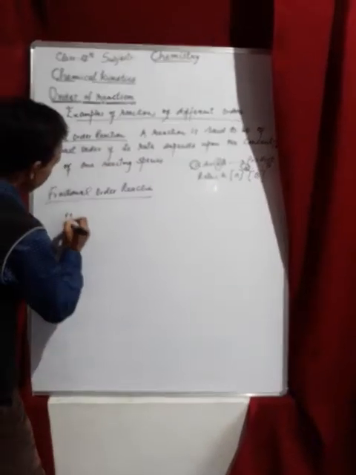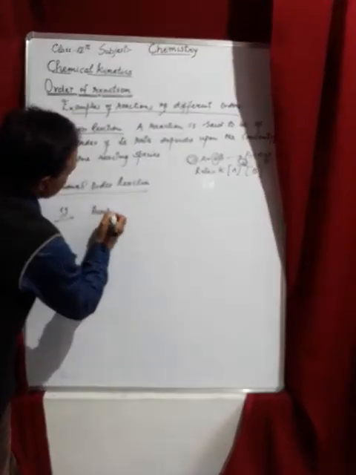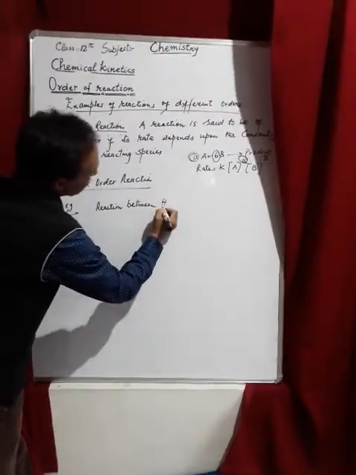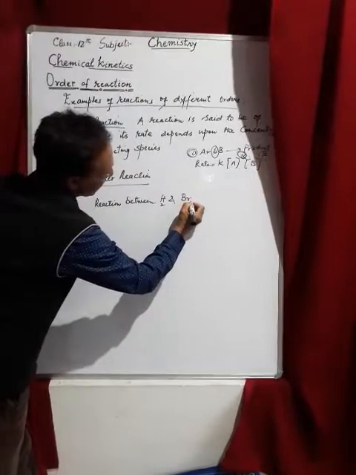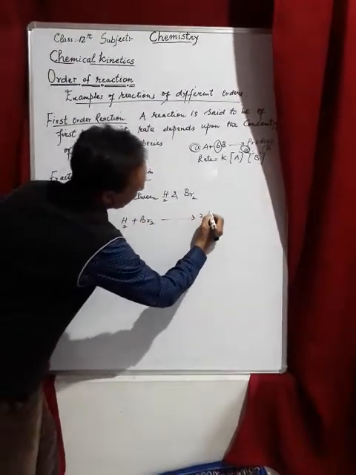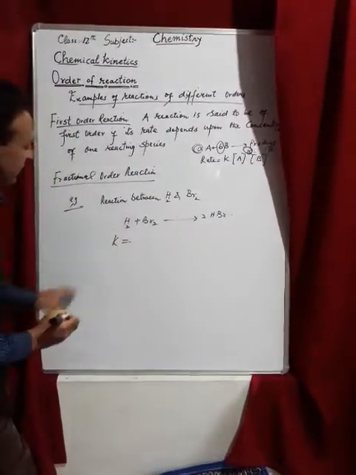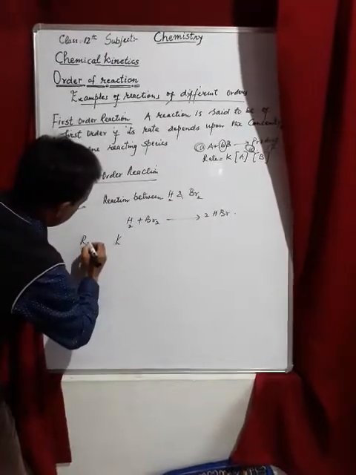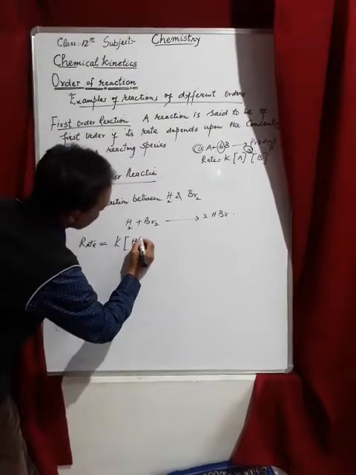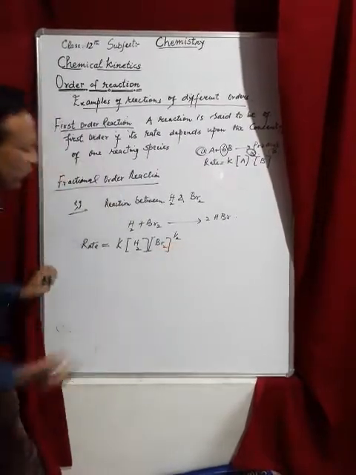For example, reaction between hydrogen and bromine. Hydrogen and bromine, they react and they form 2HBr, and it has been observed that the rate, according to the rate law expression, is k[H2][Br2]^(1/2).